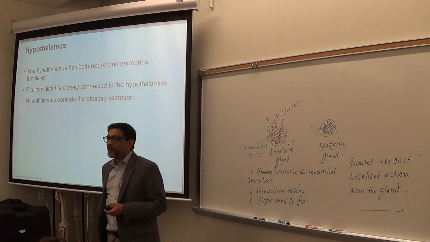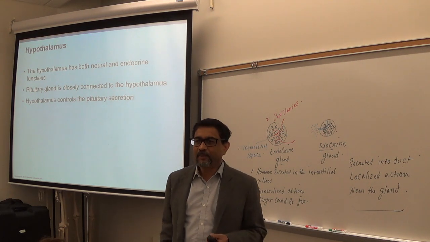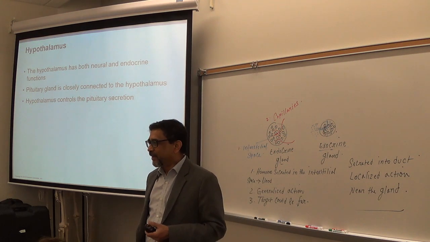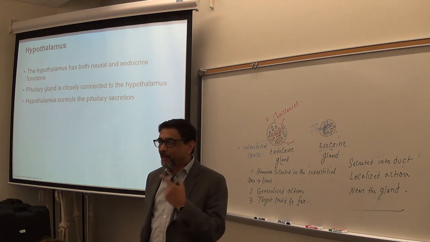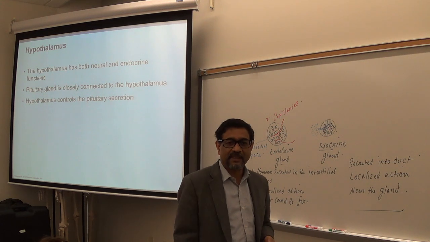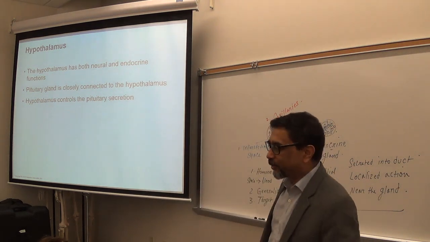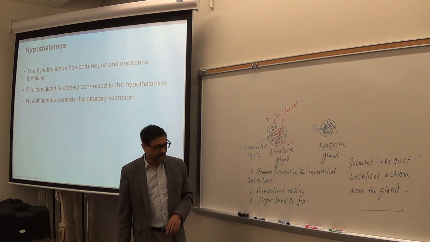Now, hypothalamus controls the pituitary, right? I said that pituitary is the master gland, but pituitary also has a boss. Who is the boss of pituitary? Hypothalamus. So, hypothalamus is sitting just above the pituitary gland and controlling its secretion.